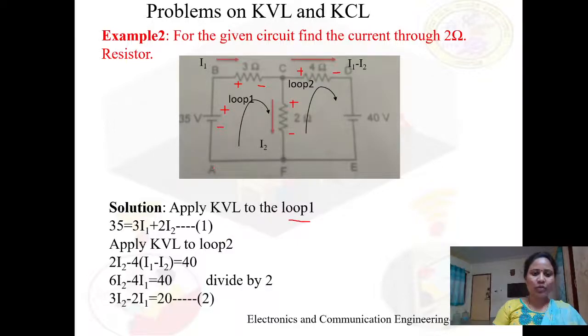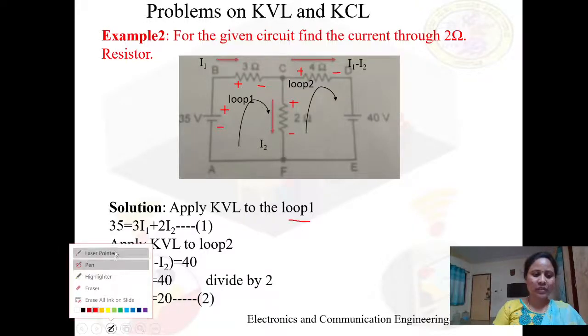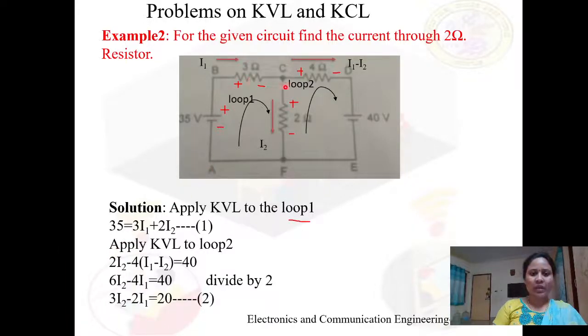So we will start the loop as A, B, C, F, A. First loop is A, B, C, F, A, and here we can write the equation. From A to B, the voltage is positive because here the sign changes from minus to plus. And next, across the 3 ohm resistor, the voltage drop is negative because the sign changes from plus to minus.